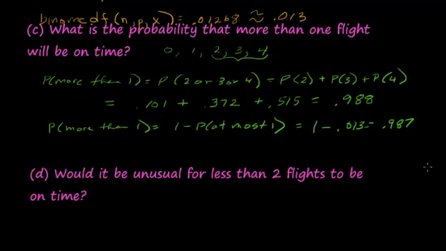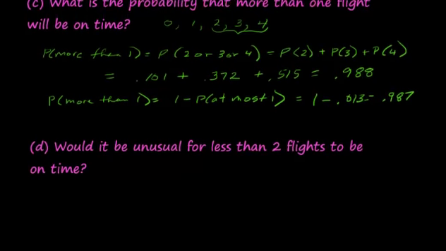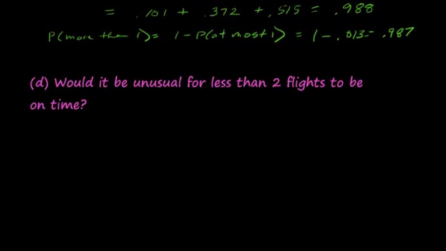Would it be unusual for less than 2 flights to be on time? So we'll use unusual, U-N-U-S-U-A-L. Unusual is going to be any probability that's less than or equal to 0.05. Okay? We'll use that as our guide for unusual probability. So the probability of less than 2.